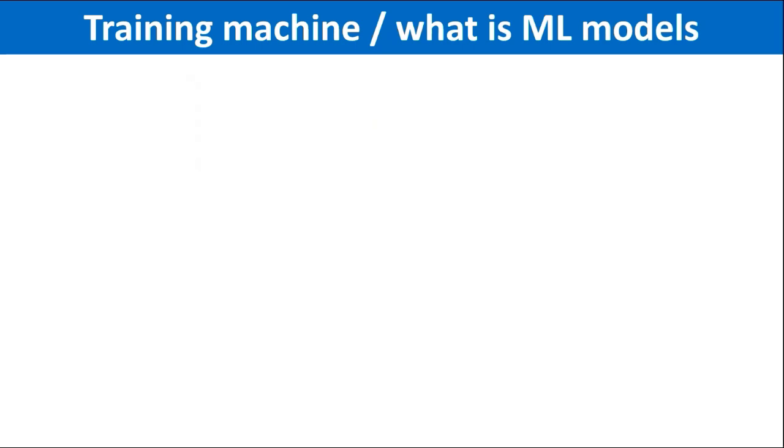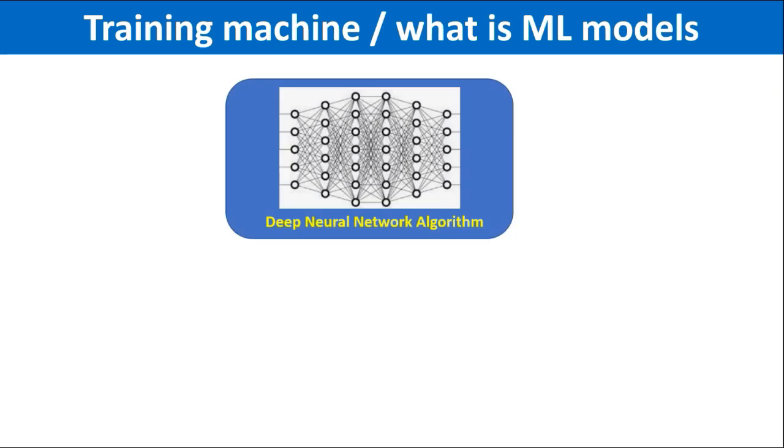Similar to how a child learns to identify a dinosaur by being shown various toys of dinosaurs, machine learning algorithms learn patterns from data. Similar to the human brain, in data science or machine learning, there is something called a deep neural network. It is nothing but a piece of software code called an algorithm.